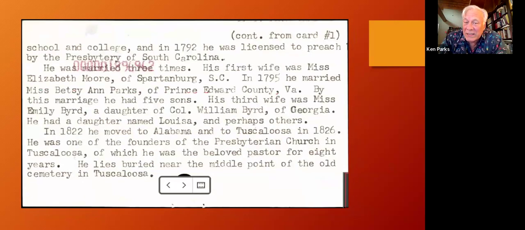He was married 3 times. His first wife was a Miss Elizabeth Moore of South Carolina, and in 1795 he married Miss Betsy Ann Parks of Prince Edward County, Virginia. So that's why she's mentioned. And they had 5 sons. So I did a quick look. Betsy Ann Parks, or Elizabeth Ann Parks, married to Cunningham, is not in our given name index.